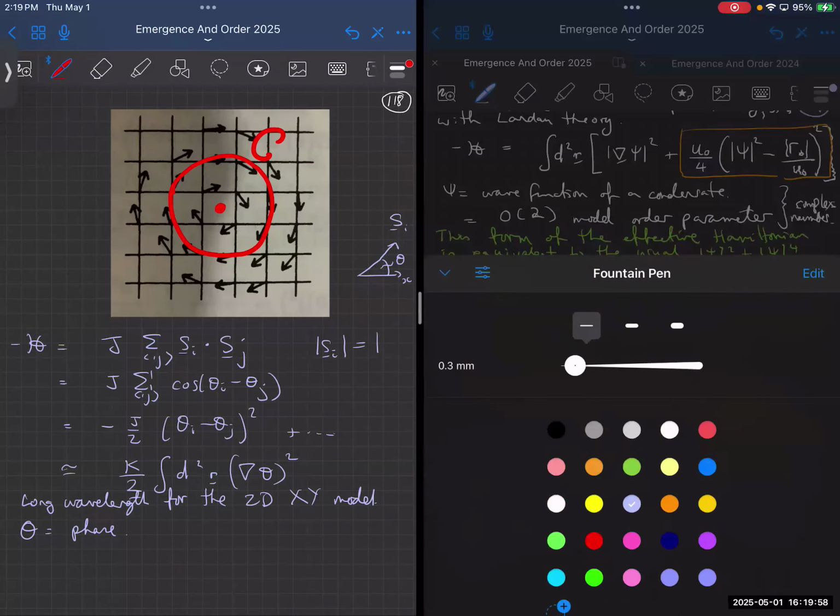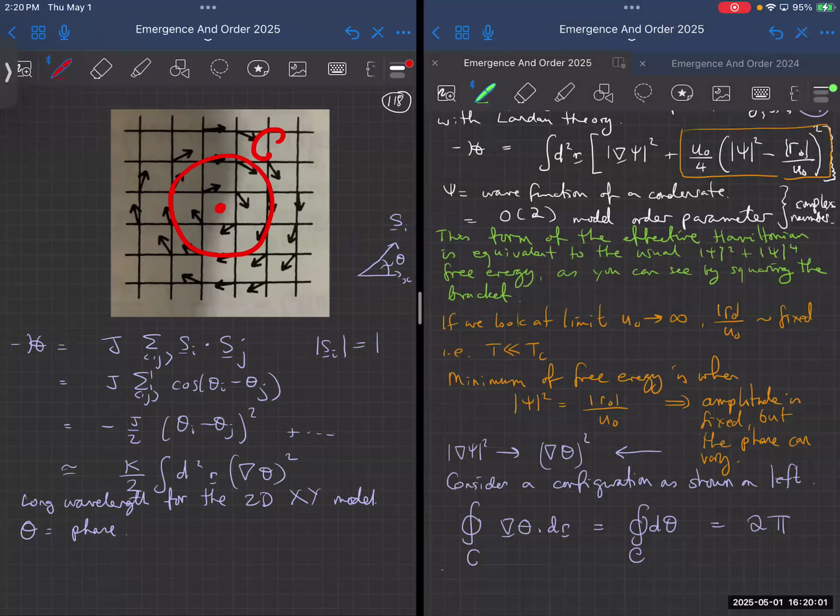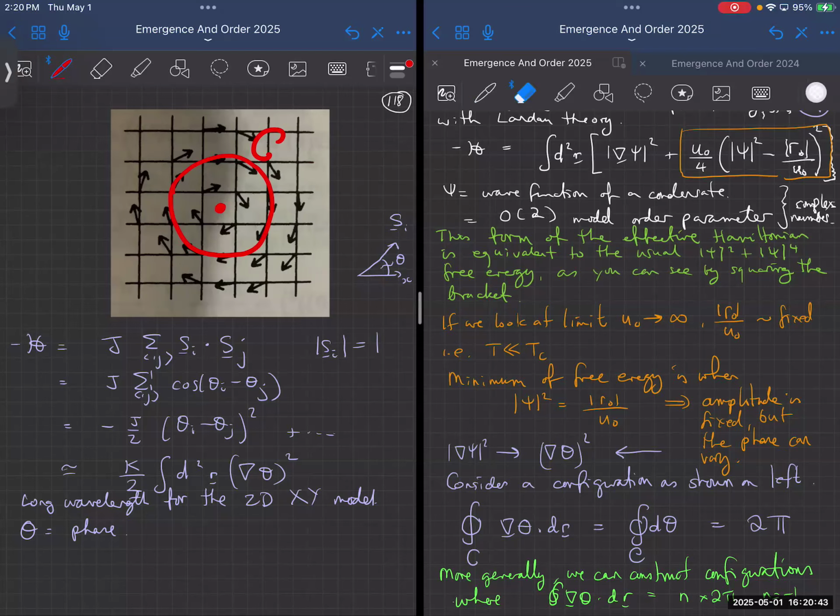So more generally, we can construct configurations where the line integral of grad theta dot dr is equal to n times 2 pi, where n can be any integer, either positive or negative or 0.